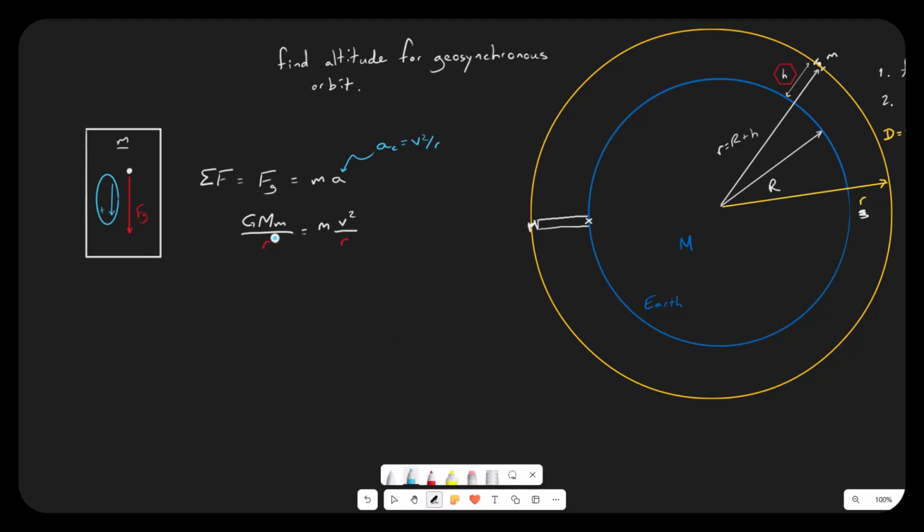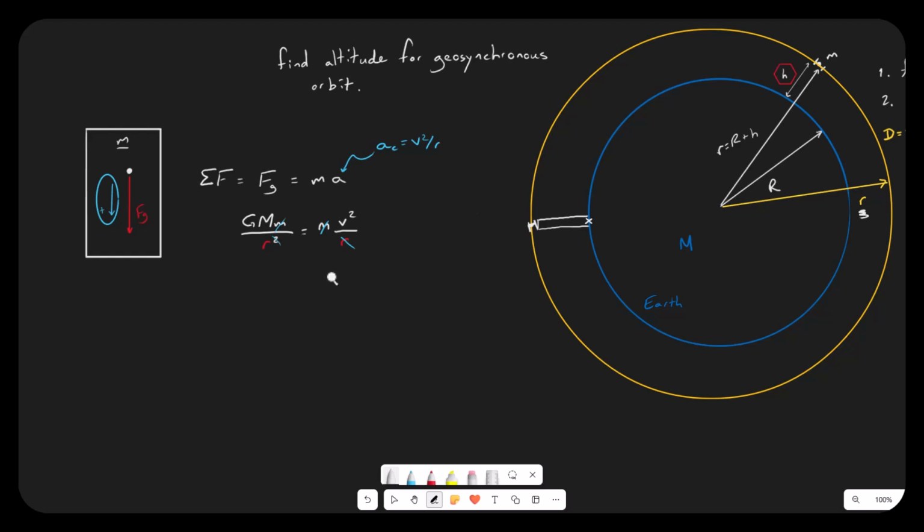I can cancel an r, that's kind of nice. I can cancel an m, that's kind of nice. But for geosynchronous orbit, do I really know my speed? Yes and no. What I do know is that one full rotation is going to take me 24 hours.